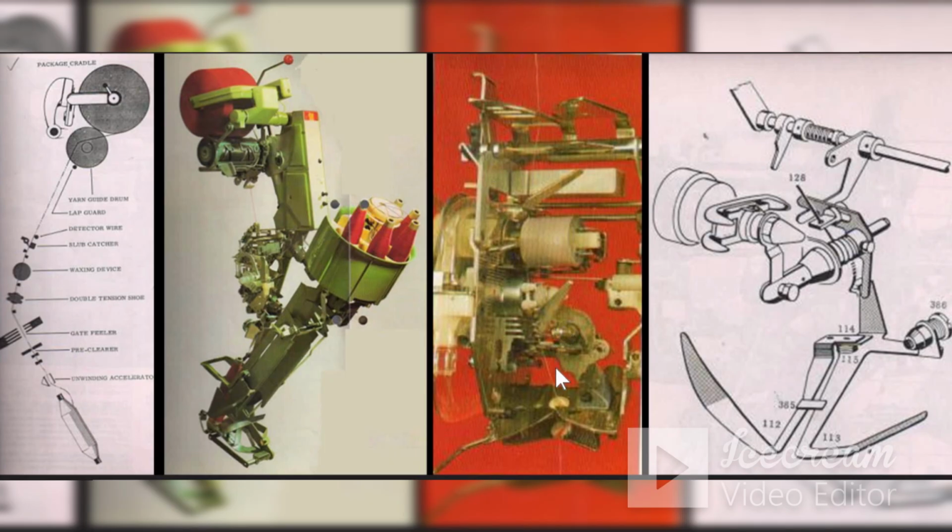So that is what you can see in the figure here. The gripper arm that picks up the yarn from the supply package picks up the yarn here. It cannot go on the ring frame bobbin to pick up the yarn.